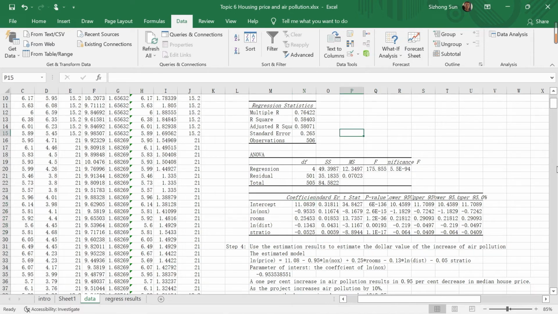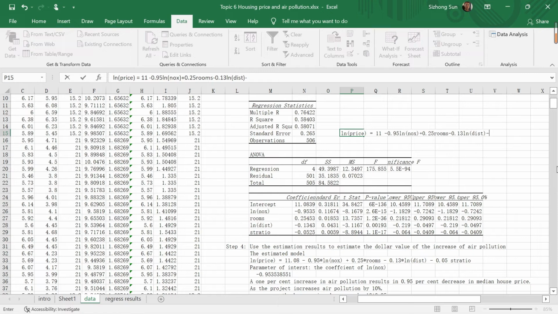Basically it says my estimated log price is equal to roughly 11 minus 0.95 log NOx plus 0.25 rooms minus 0.13 log distance minus 0.05 student-teacher ratio.